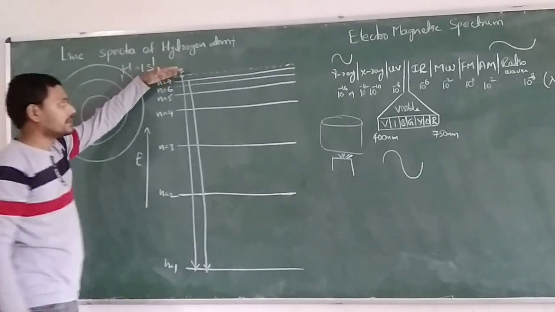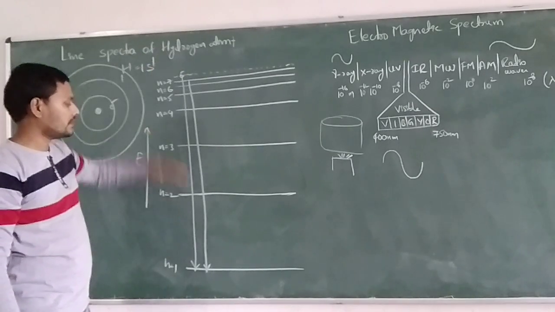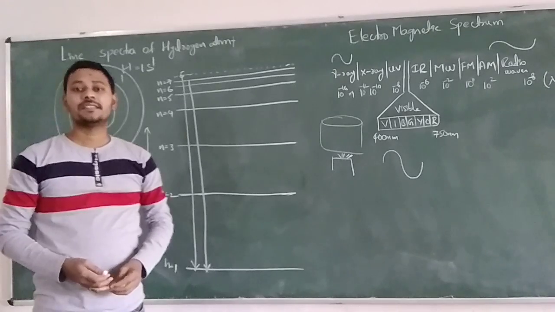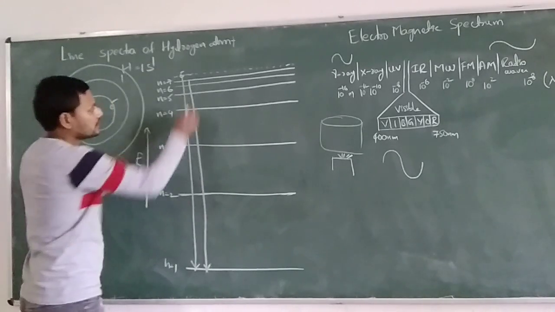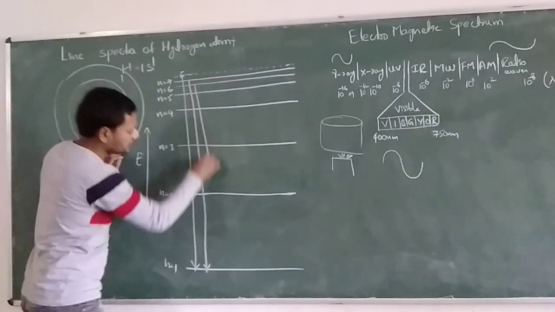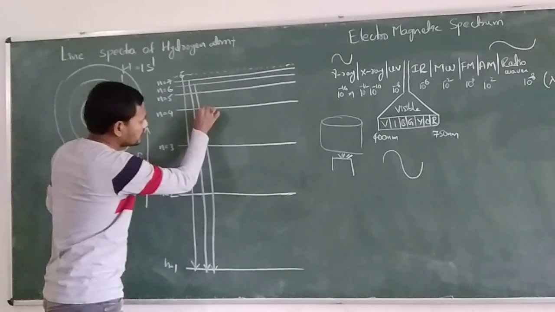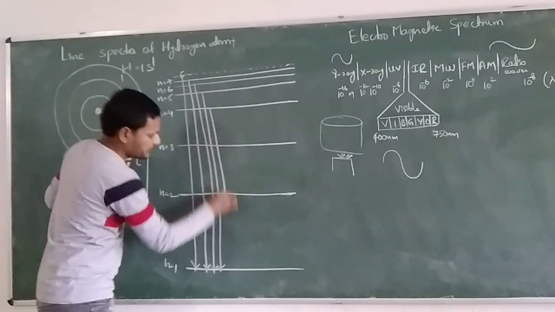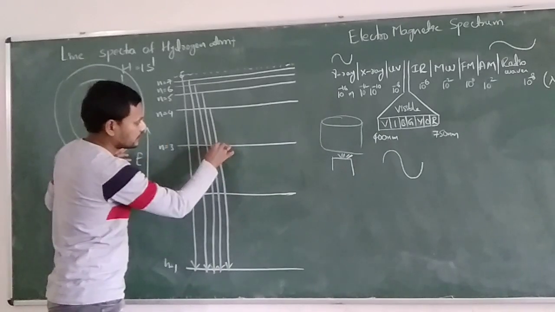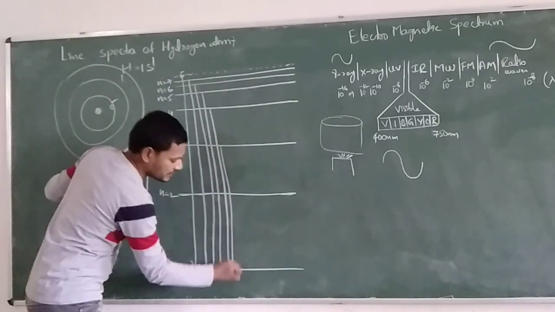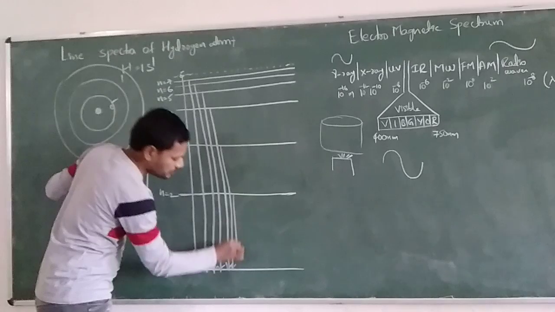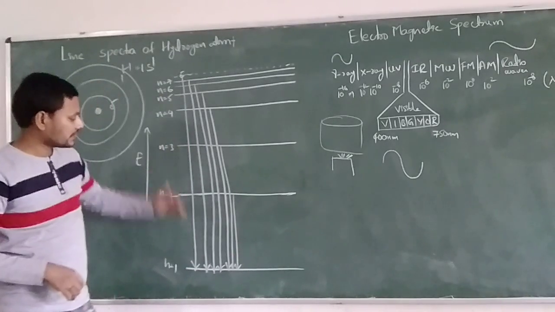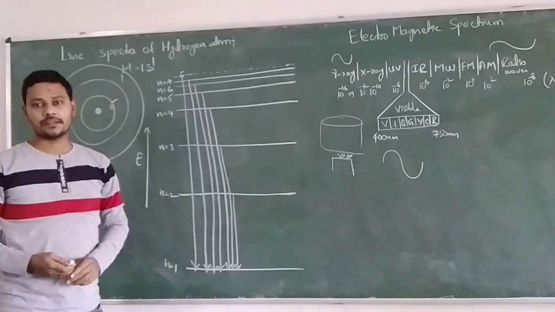Some of the excited electrons from any of the higher energy levels to lower energy level 1 form a series of lines: 7 to 6, 7 to 1, 6 to 1, 5 to 1, 4 to 1, and so on. So all the excited electrons come back from the different higher energy levels to lower energy level 1, giving a series of lines. Each electronic transition gives one line in the spectrum.